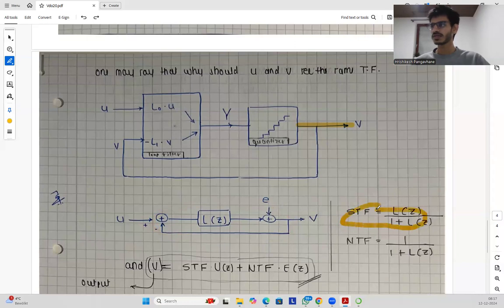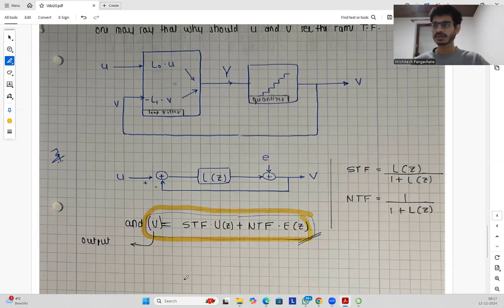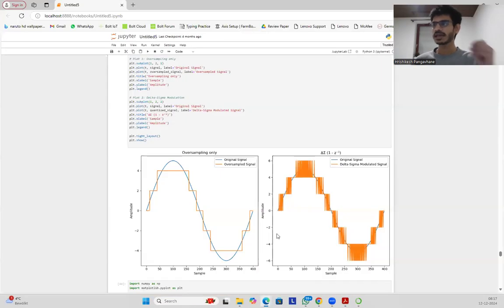The signal transfer function is L of Z over 1 plus L of Z, and the noise transfer function is 1 over 1 plus L of Z. The output V is given by the signal transfer function times U of Z, plus the noise transfer function times E of Z.